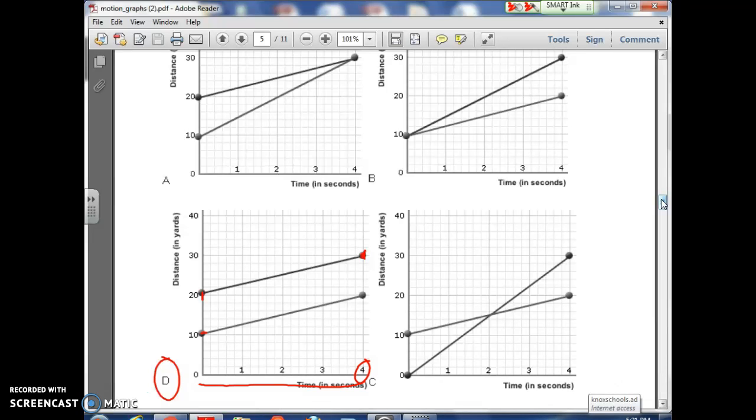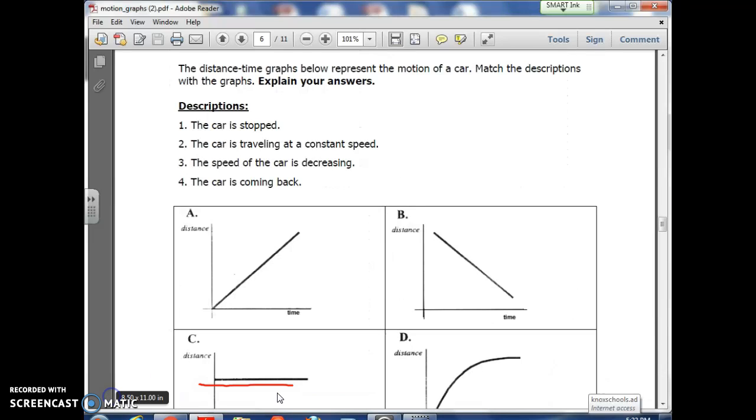This person goes from 10 to 20, so they're both traveling 10 meters. They're both doing it in 4 seconds. So her speed is distance, 10 meters, divided by time, 4 seconds. So that's the exact same speed for both.